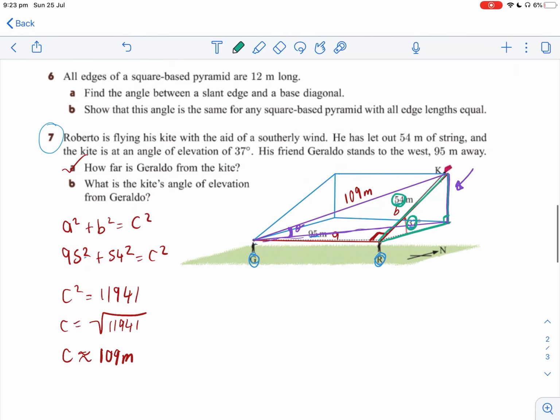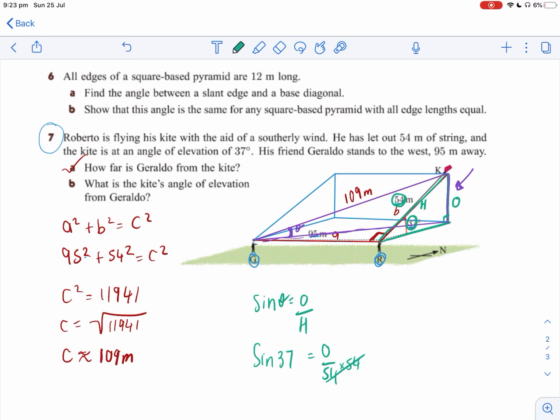To work out what ratio to use, this is my opposite and the 54 is my hypotenuse, so I'm going to use sine. Sine theta is opposite over hypotenuse, so sine 37 is opposite over 54.